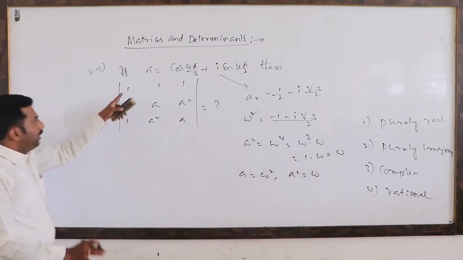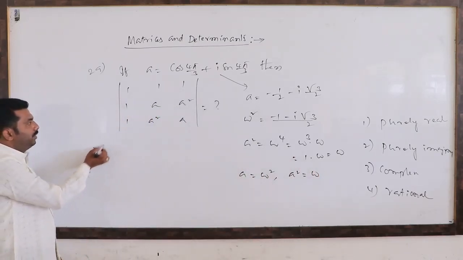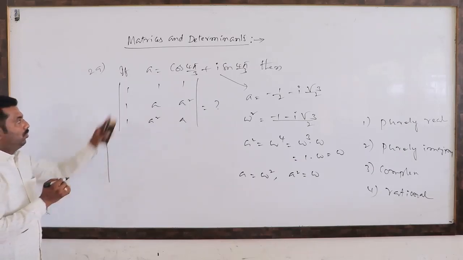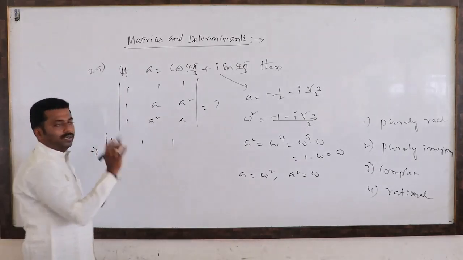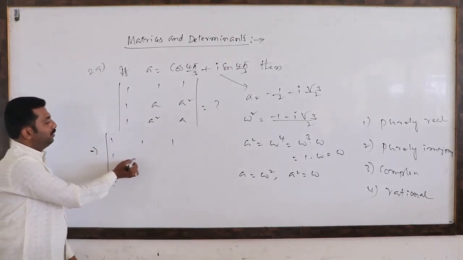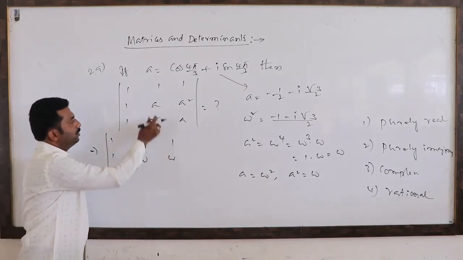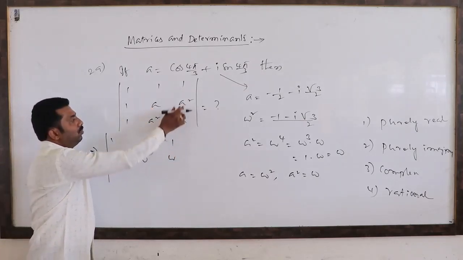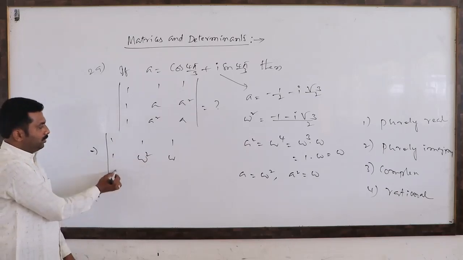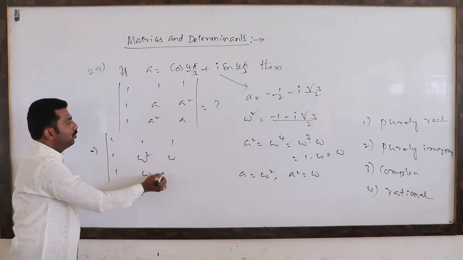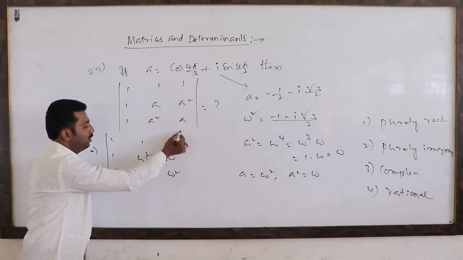If I substitute here, what happened? We'll see. This is 1 1 1; 1 omega 1; omega 1 omega square. A square means omega, A means omega square.